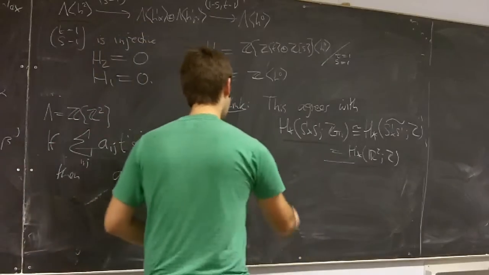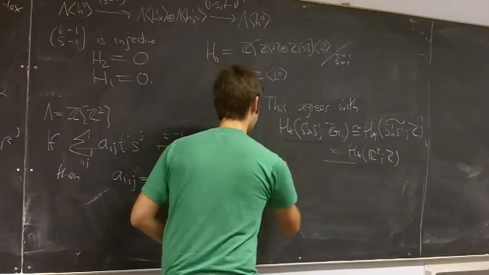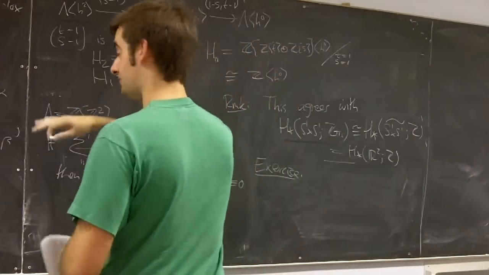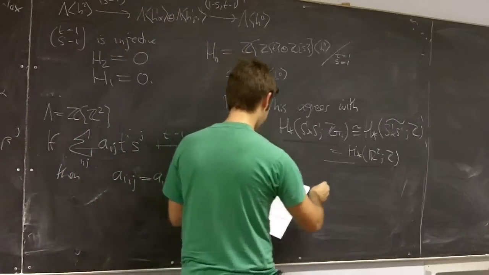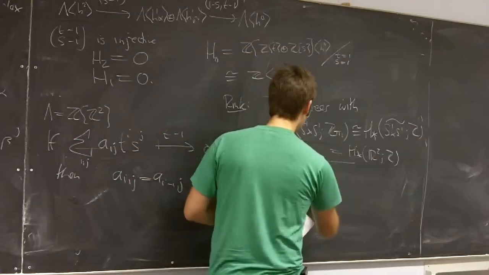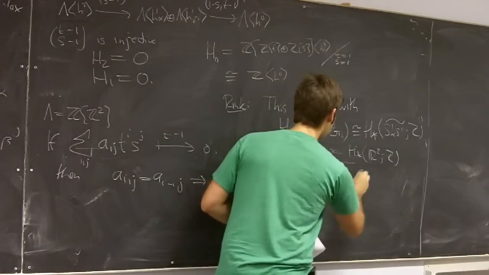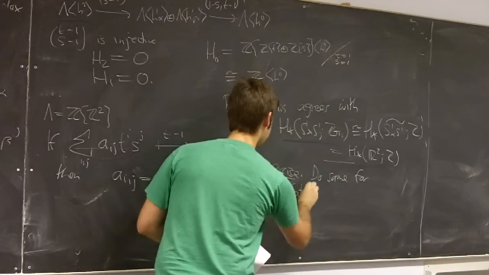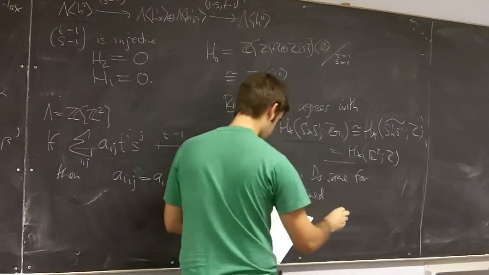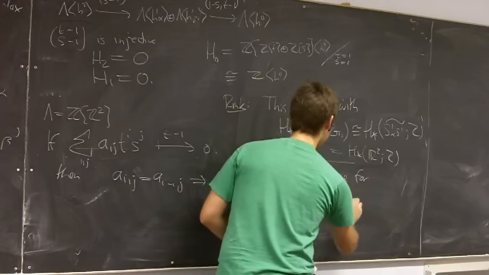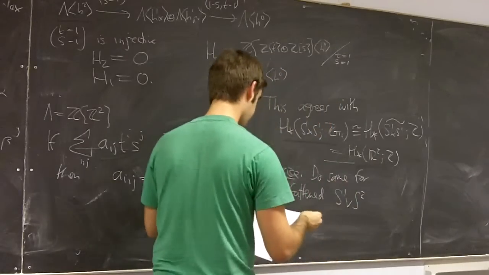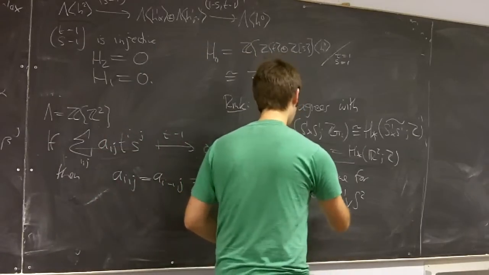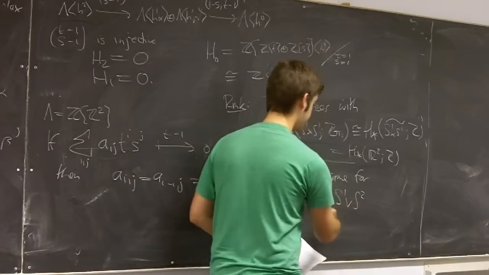And last thing before I finish is there's an exercise. It's to do the same computation for m fattened wedge of spheres, S1 wedge S2, viewed as a cobordism between the empty set and the boundary of this.